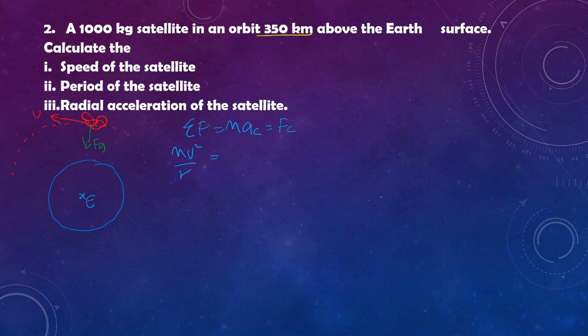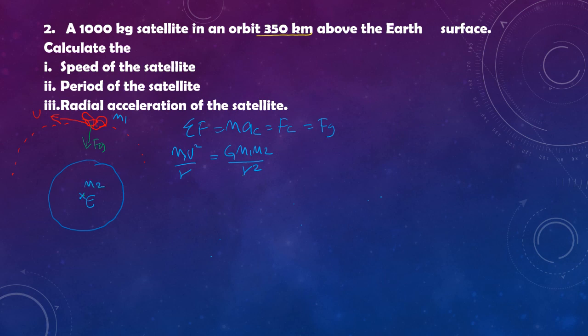The force involved in this motion is Fg, so Fg is equal to G m1 m2 over r squared. The mass in mv squared over r is the mass of the satellite, let's say m1, and the mass of the Earth is m2.